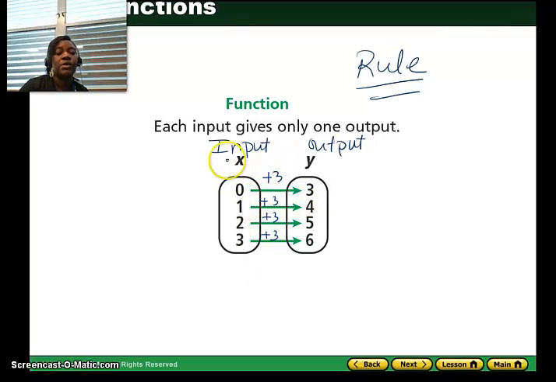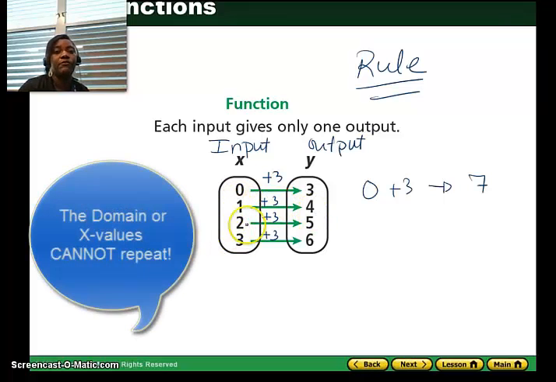If I do 0 plus 3, I get 3. If I do 0 plus 3 again, I'm never going to get some different number, like 7. It is always going to be one value. That's why our x's cannot repeat. So 1 plus 3 we get 4, 2 plus 3 we get 5, and 3 plus 3 we get 6. This right here is called a rule.